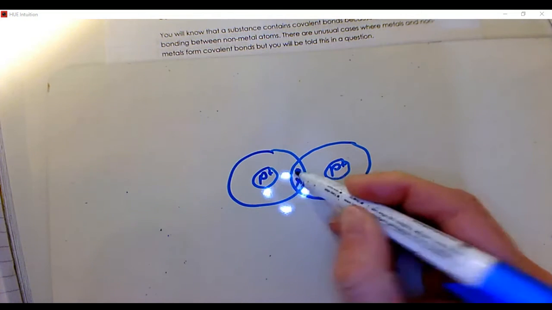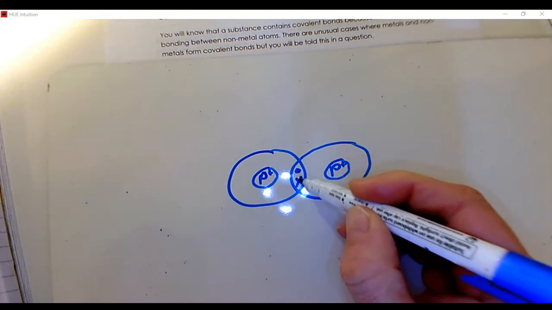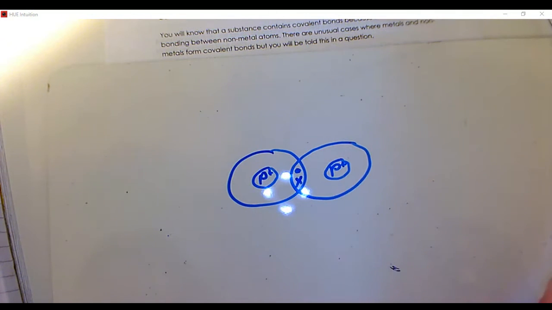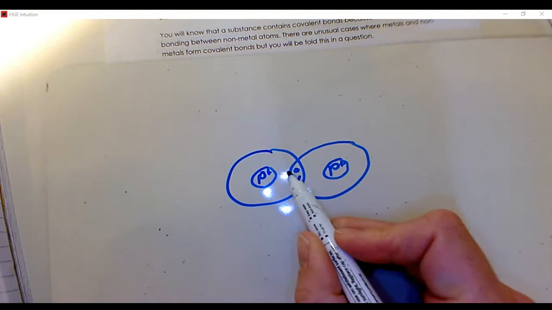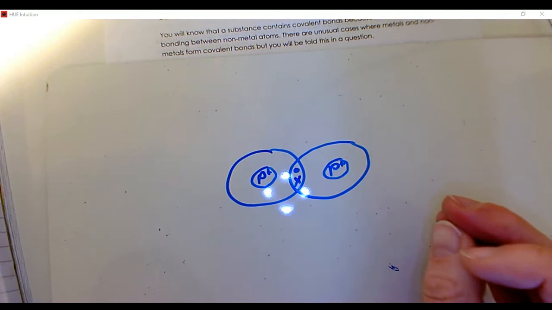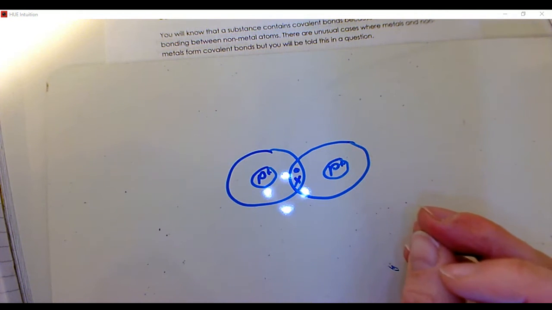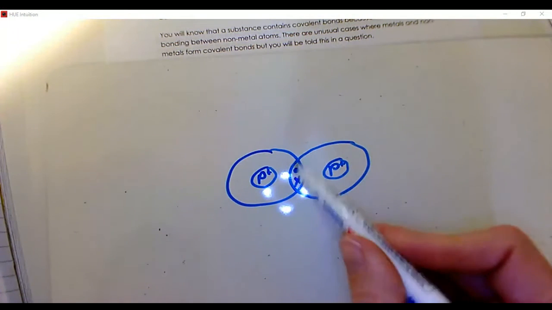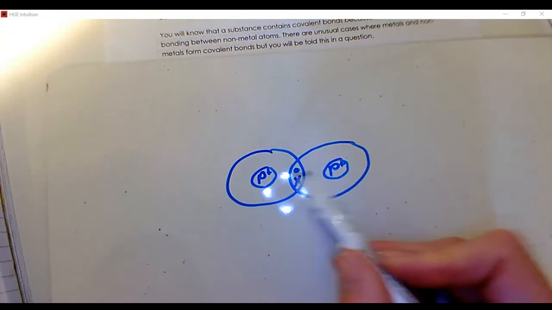The thing that's holding the electrons in between the atoms, the thing that stops them flying off somewhere else, is the attraction to the nucleus. We've met that concept before. Remember, in ionization energy, it's all about how tightly held the outermost electron is by the nucleus, or how far away. So the thing you're fighting against, if you want to break this bond, is the nuclear charges. All right?